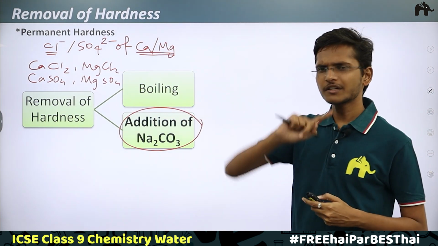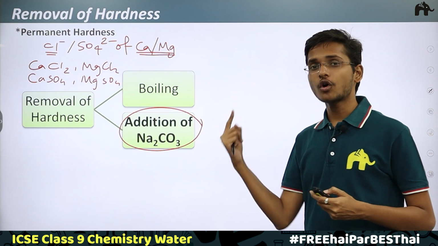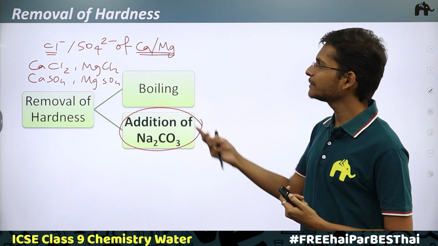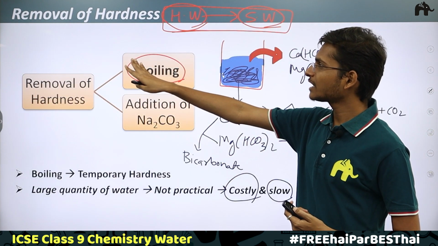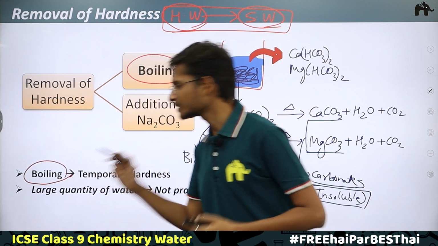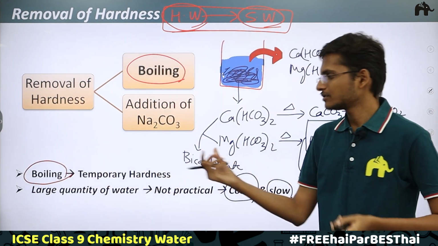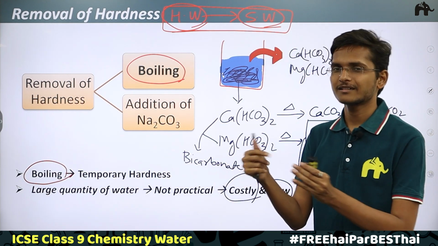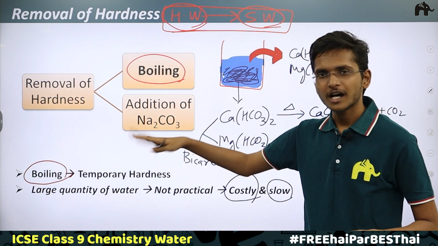Now coming back to one more interesting thing that I have told you: why do we call temporarily hard water temporary? Simply because we can remove the temporary hardness just by boiling. Looking at the meaning, temporary hardness is very temporary; just by boiling, our water would become soft.